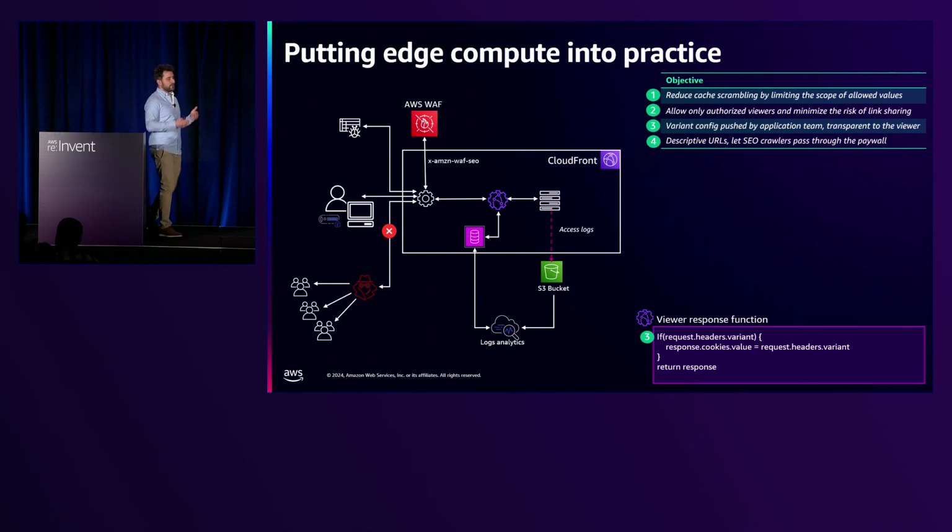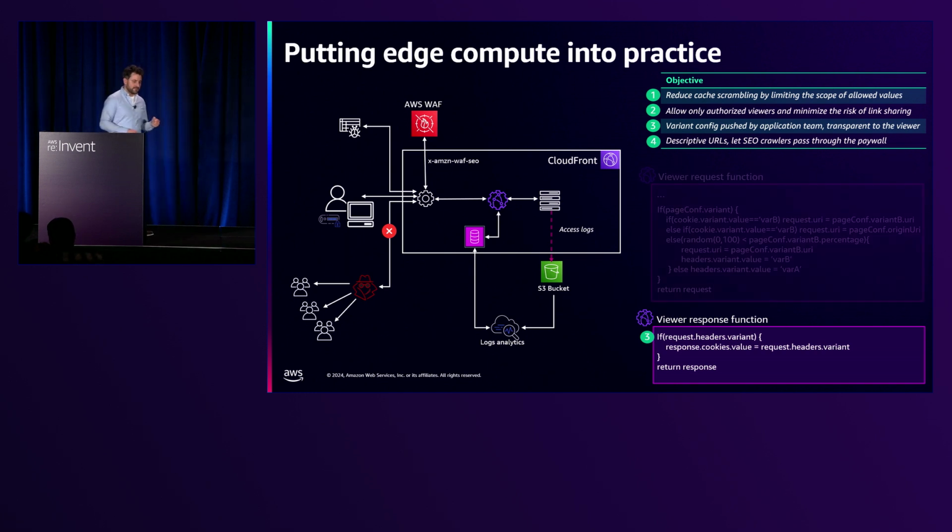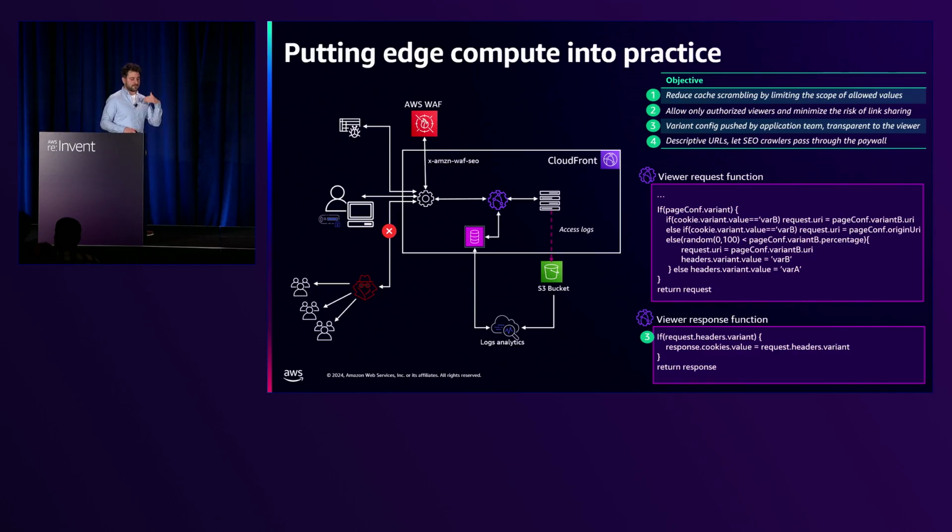It sets a cookie with a specific value that determines what version of the page the viewer should stick to. And then, if you remember from the previous slide, the viewer request function looks for that specific cookie. And if that cookie is present, rather than rolling the dice again, it will send the viewer straight to the target version of the page.